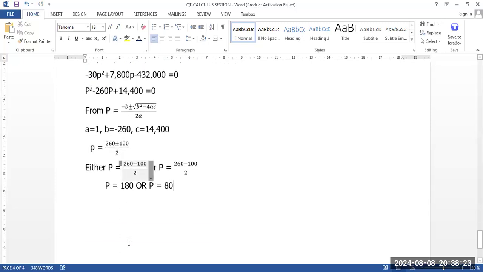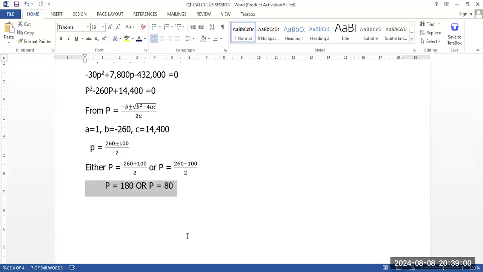Here you don't need to do a test of a turning point. Here you are not maximizing anything, you are not minimizing anything. You're just looking for the break-even prices. So for the firm to break even, they will need to charge either 180 or 80 shillings per unit.